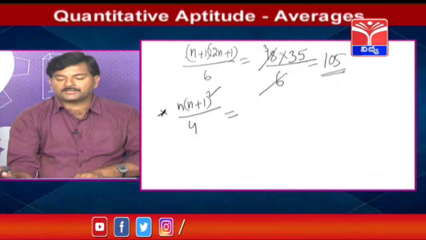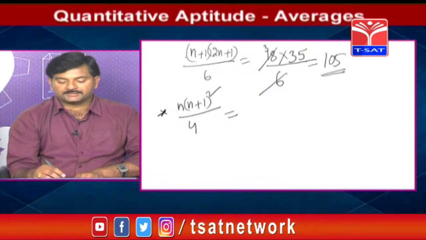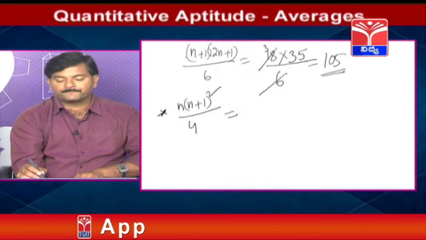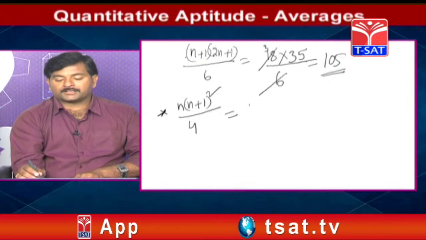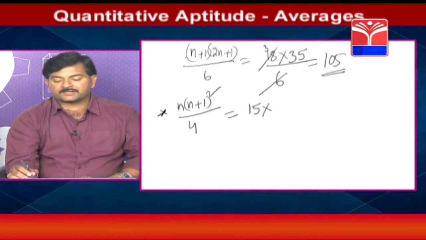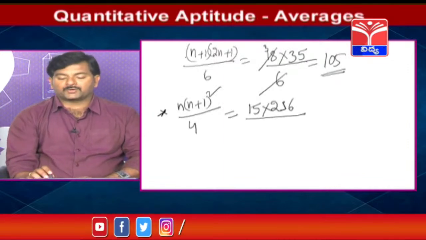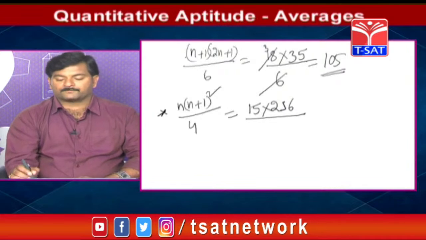Here n is 15. So 15 into 15 plus 1, which is 16. 16 square is 256, by 4.